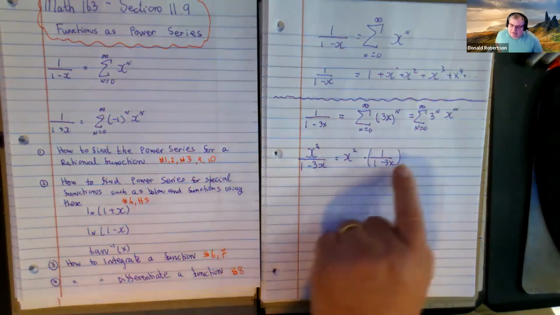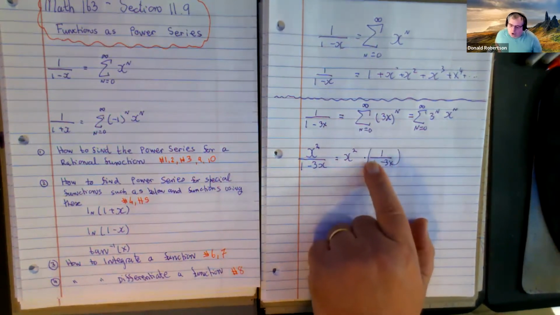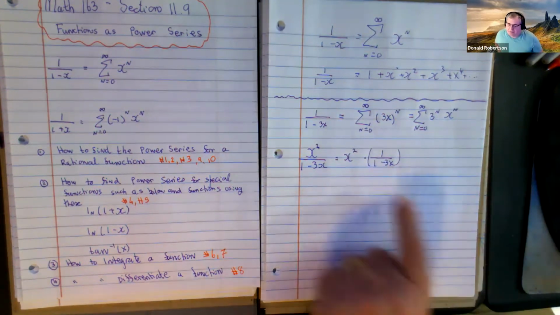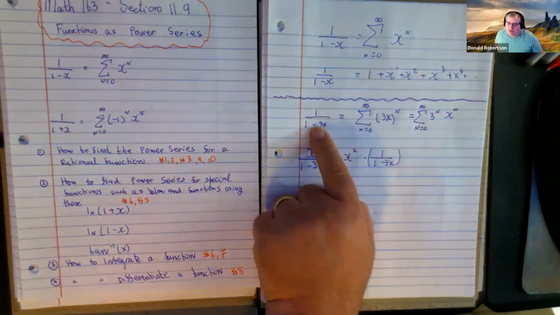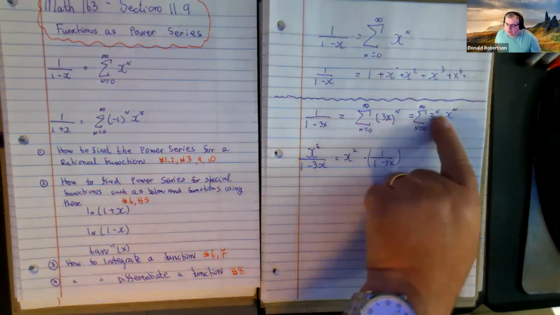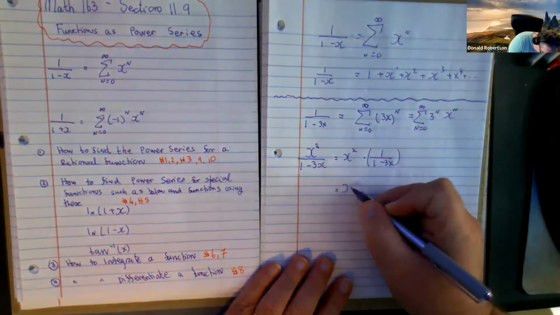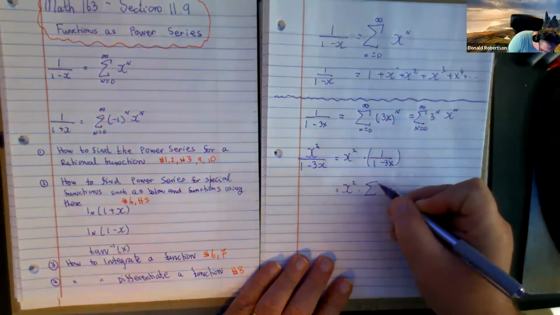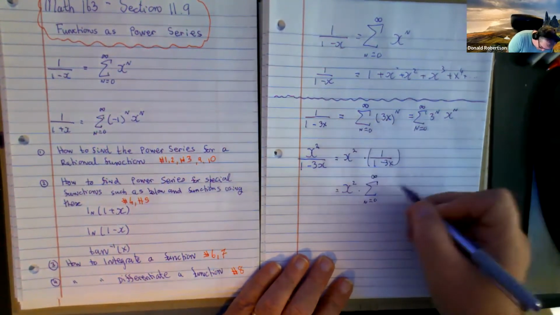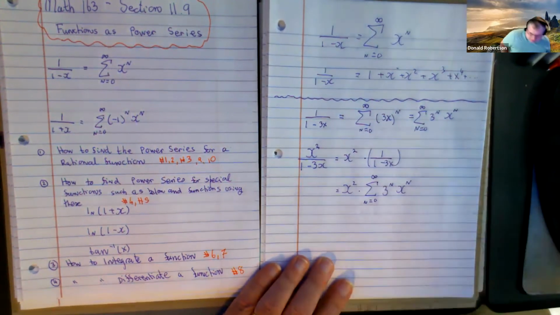The piece that's left should have this basic shape, 1 over 1 take away somebody. That's the piece that you need, because this piece, we've already done it, can be turned into a power series by substitution. So what we're going to get then is x squared, and this guy turned into a power series. And I already know what it's equal to, so I'll just write down the simplified version, which is that.